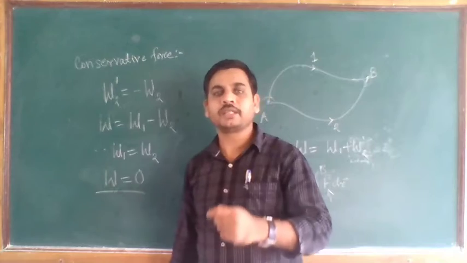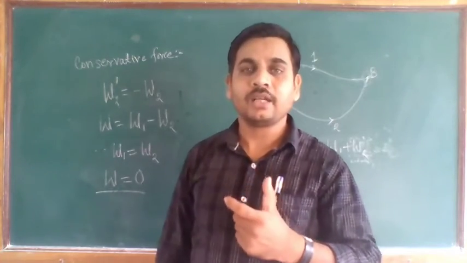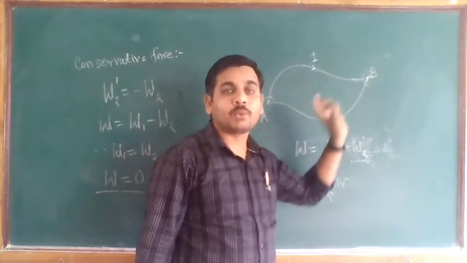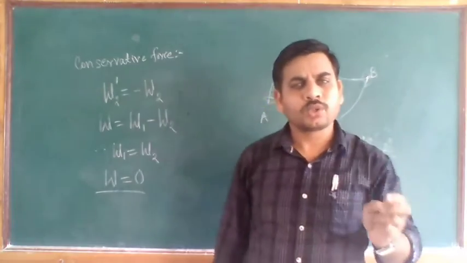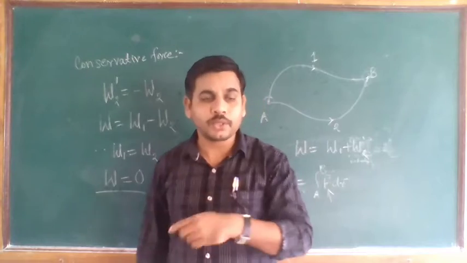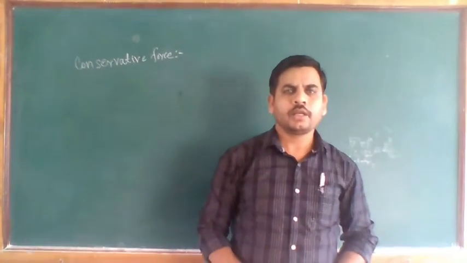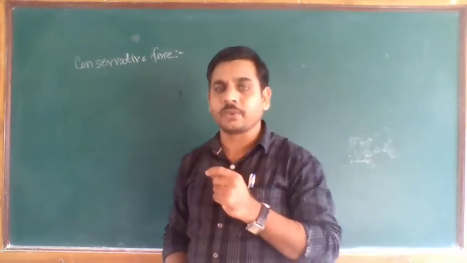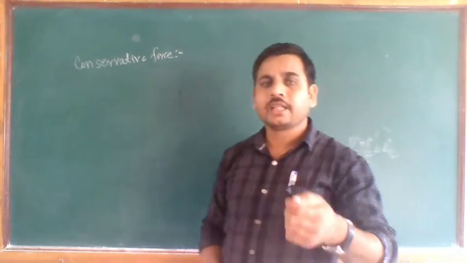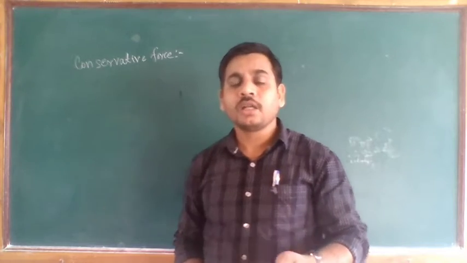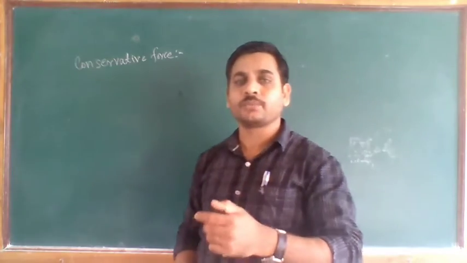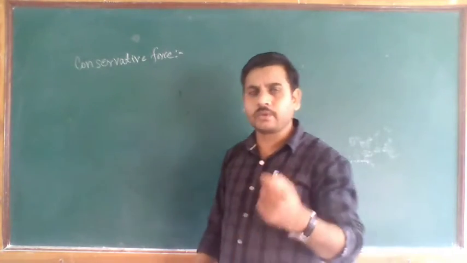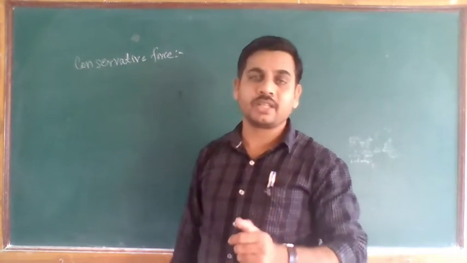Both are independent of the path and depend on the end points, point A and point B. So both are simple examples of conservative force. Just now I explained that the gravitational force and the Coulomb electrostatic force are both examples of this conservative force. We just check for the gravitational force.